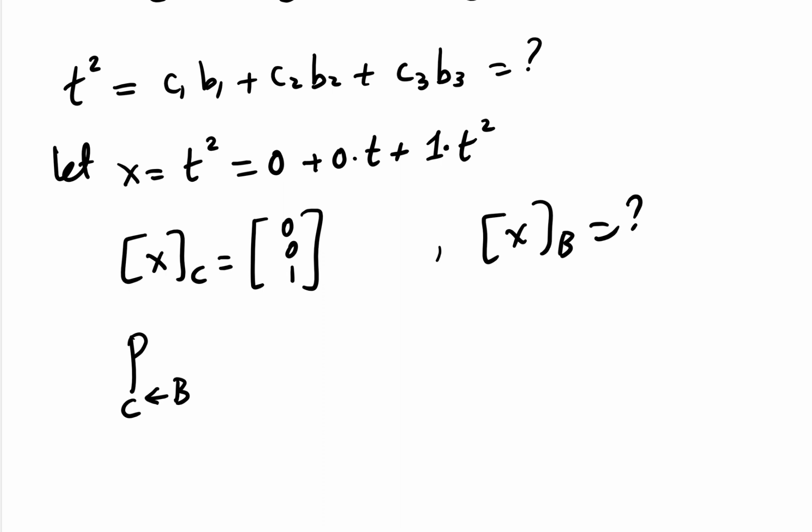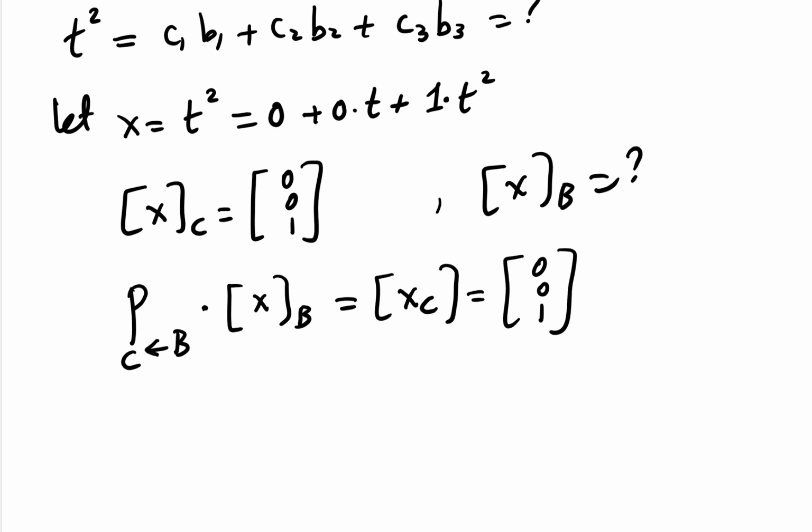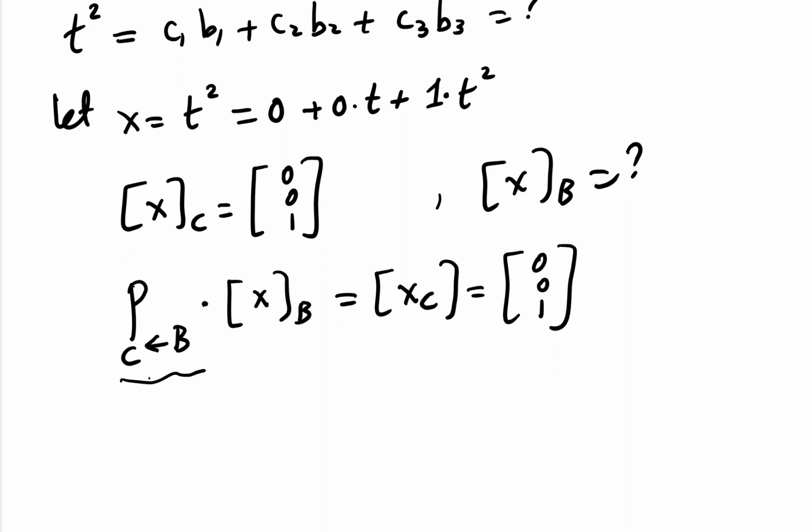Because they said write it as a linear combination of the vectors in B. That's what I need to find. So we take this multiplied by x in the basis B. That gives me x in the basis C, which we know is 0, 0, 1. This one was found. We know it.